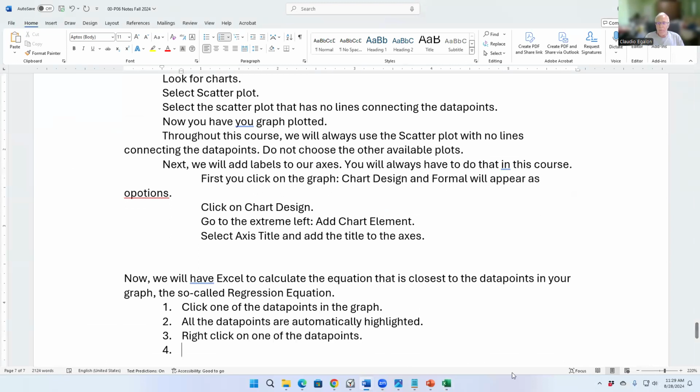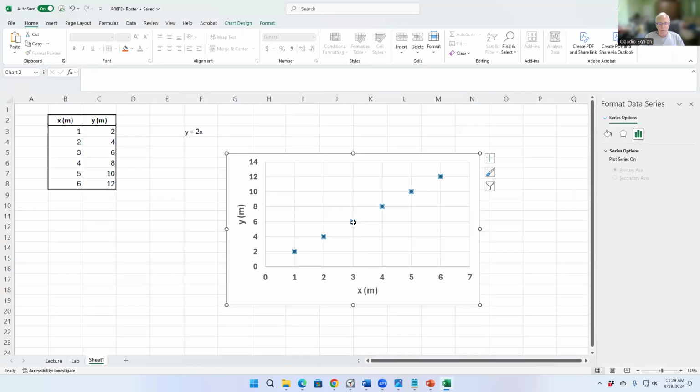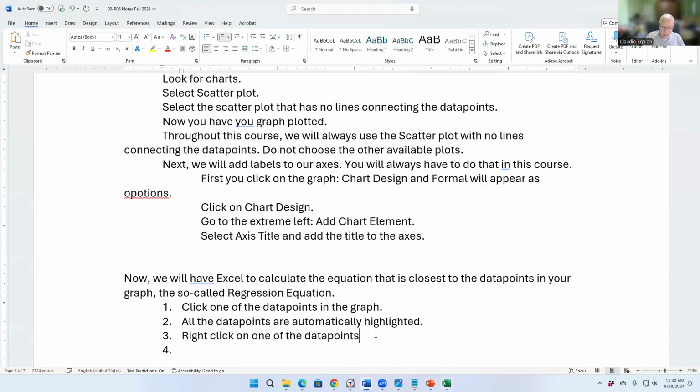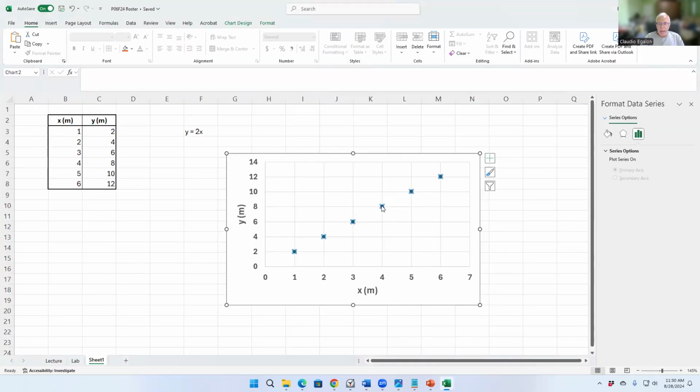When you right click on one of the data points, a drop-down window shows up. Select add trend line in the drop-down window.